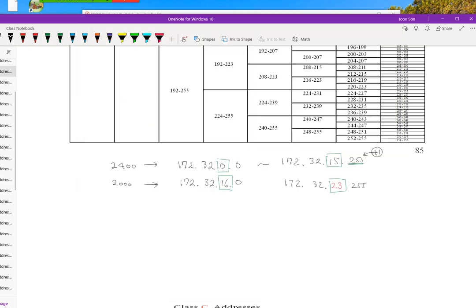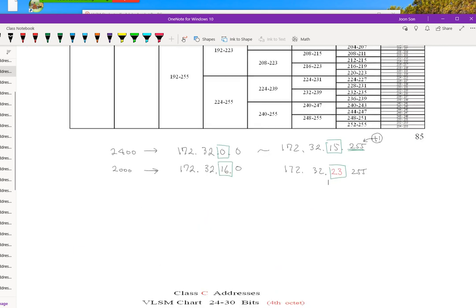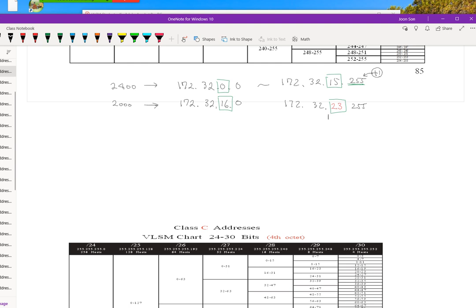let me just draw the diagram for this. Basically this is part 1.